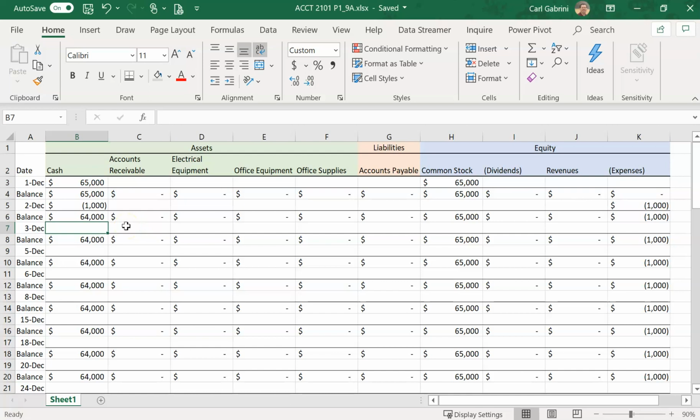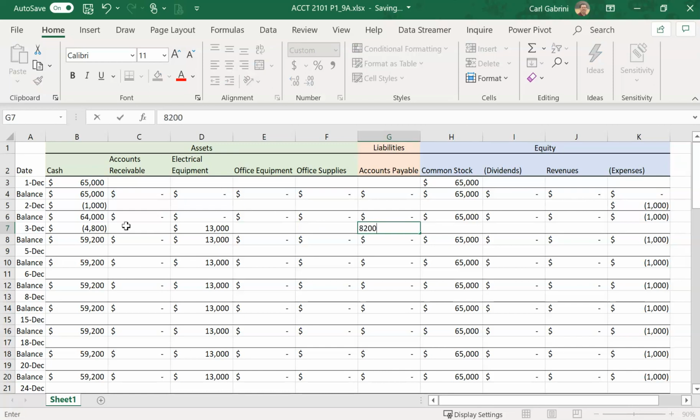So on the 3rd, we have a cash withdrawal of $4,800. Then we have electrical equipment of $13,000. And then over on the liability side of the house, we have $8,200.